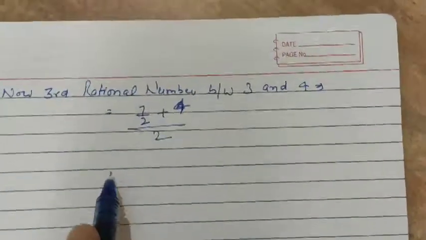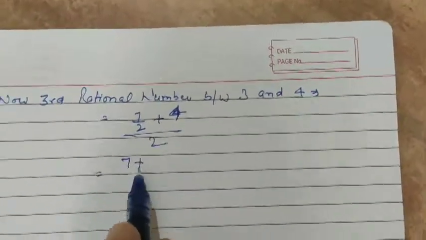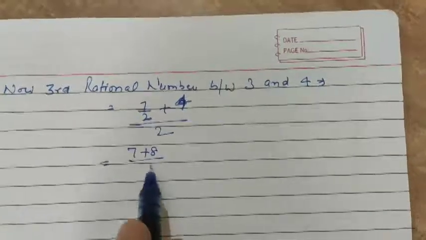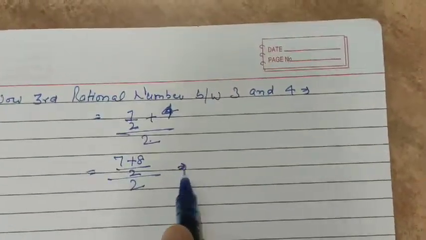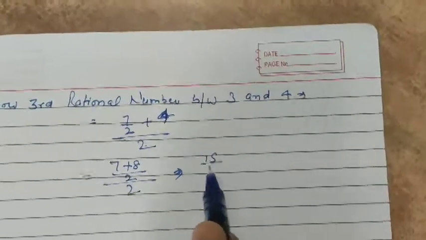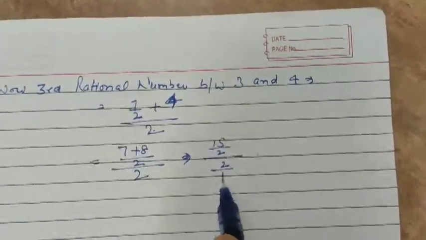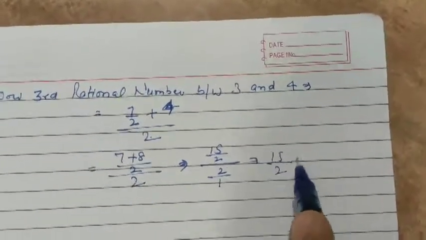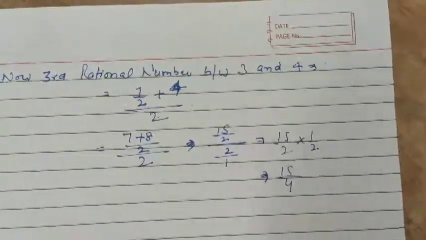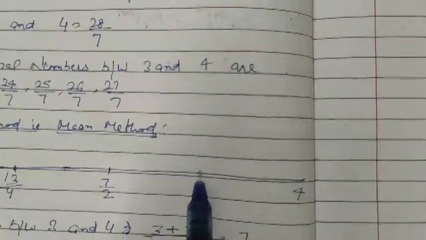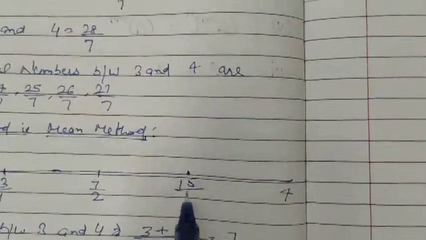So 7 plus 2 4 is 8, it becomes 7 plus 8 by 2 upon 2. So 7 plus 8 becomes 15 upon 2, and this 2 can be written as 2 by 1. So this will be the reciprocal and becomes 1 by 2, and the whole value becomes 15 by 4. So we have, you can see here, this 15 by 4.